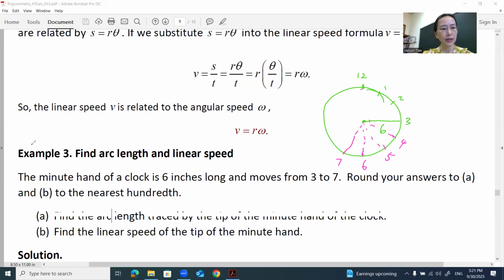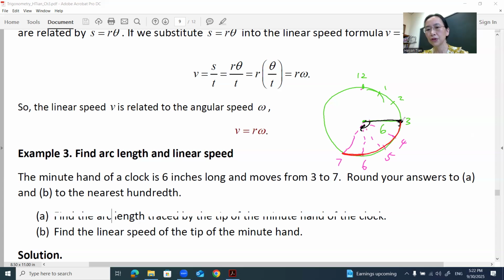Okay, so now how many radians is this? So I can see this is the starting and this is the ending. And this is the angle from 3 to 7. So if we want to find the arc length traced by the minute hand, we can use a bright color to show that the arc length is actually this portion.